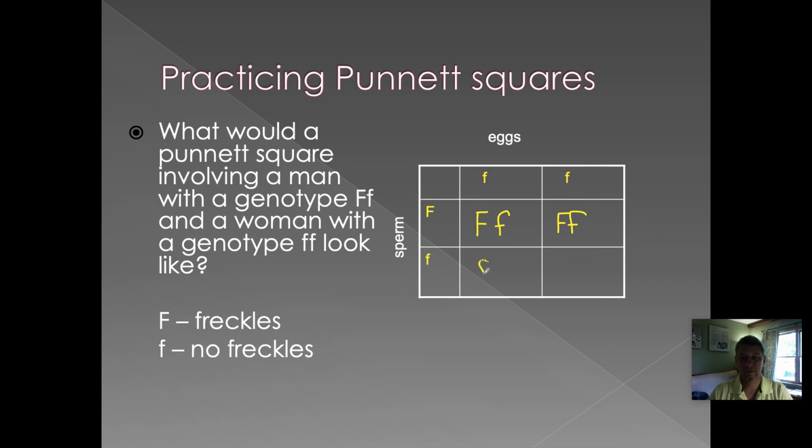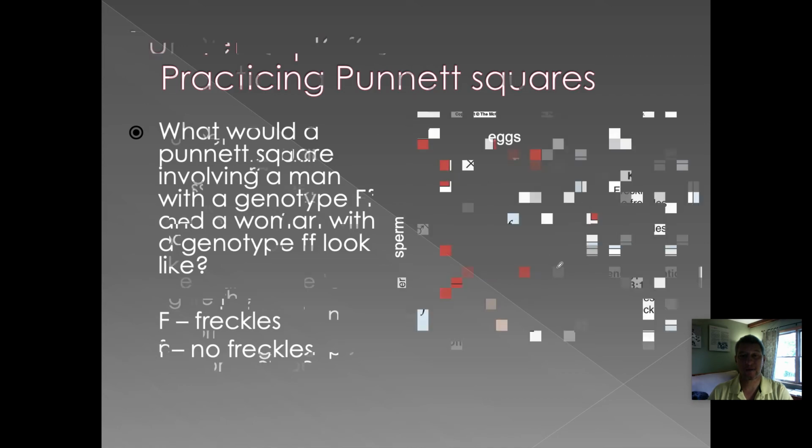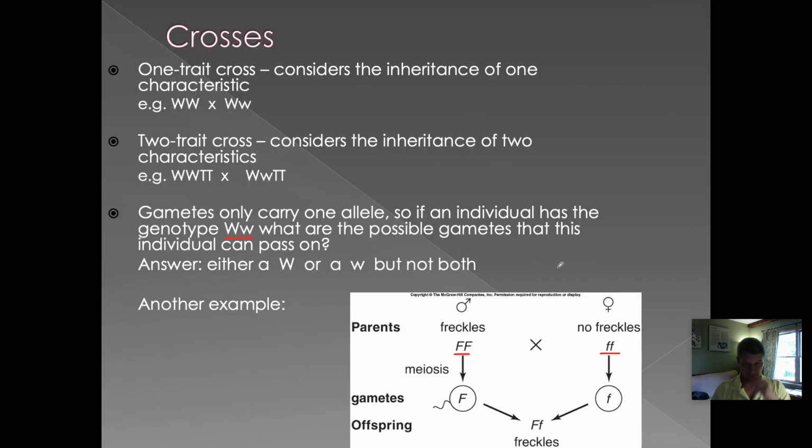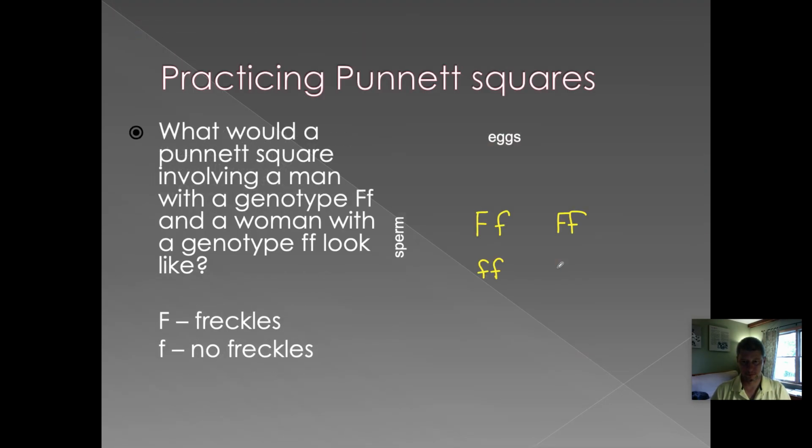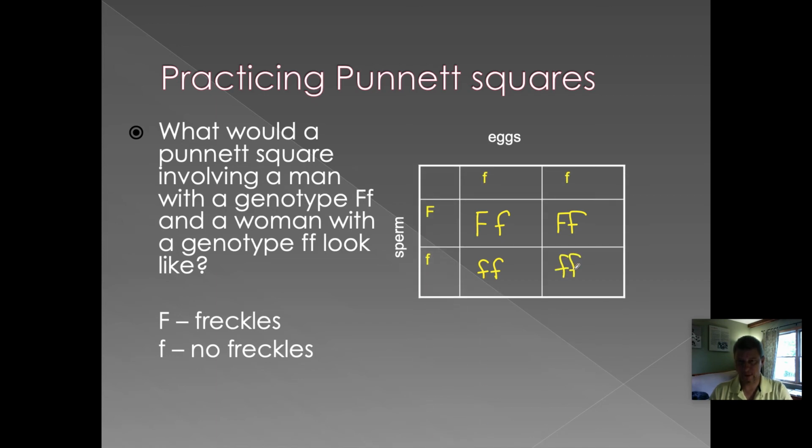This child, little f, little f, does he or she have freckles? No. No dominant allele here, and so therefore this child will not have freckles. And in this case, this child will also not have freckles.